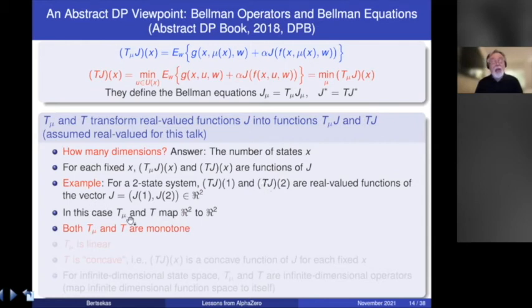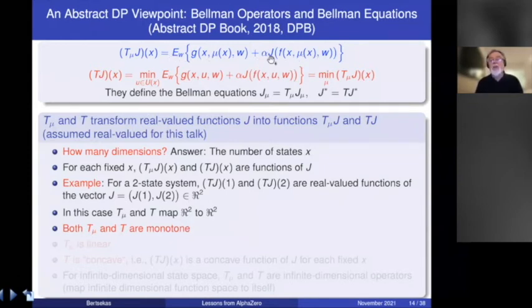But on the other hand, even though T_mu and T are large and perhaps difficult to visualize, at first sight, they have some nice properties. The first is that they are both monotone. As you increase uniformly the J function here and here, T_mu of J and TJ also increase. The reason is that the expectation preserves monotonicity.